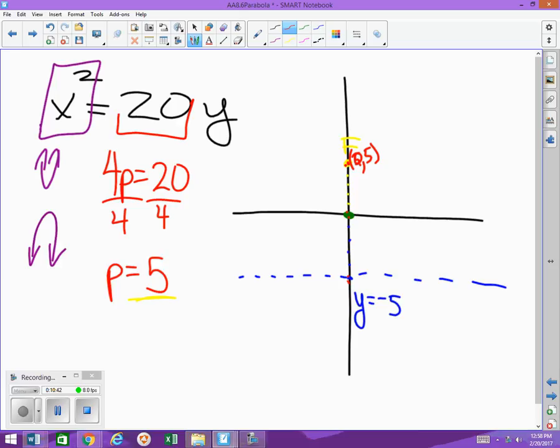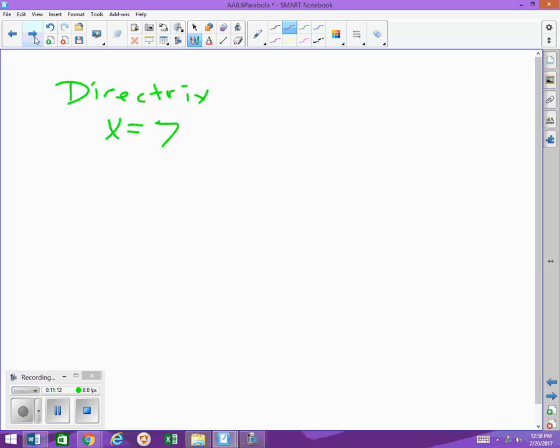So if we count 10 this way and 10 that way, we have what our parabola will look like. And if you want to know more points on that, you can substitute values in for x and y or put it in your calculator. And so there you have another example.